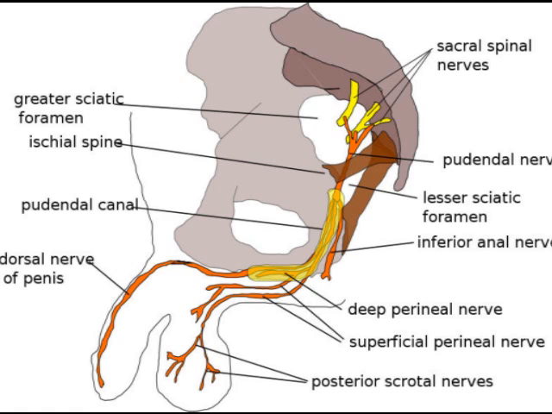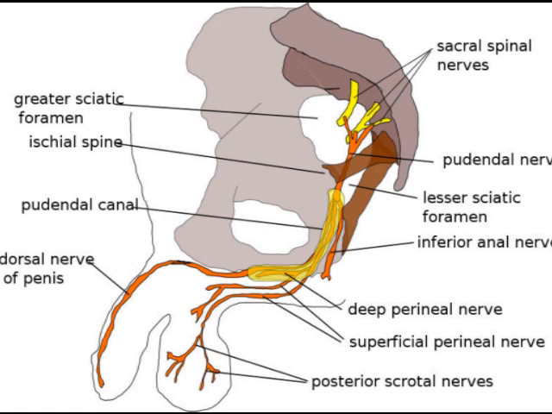The superficial perineal nerve, for men anyways, is closer to the skin. Those nerves go closer to the skin, and they also supply the scrotal area, your scrotum and testicle area.